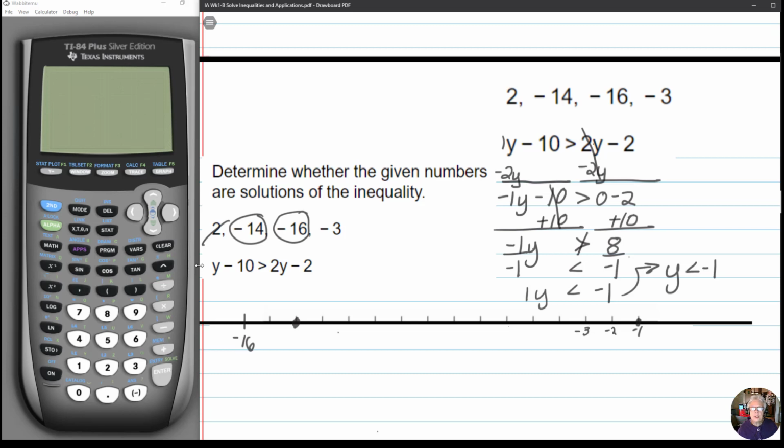Negative 3 is to the left of negative 1, so negative 3 will work. Only positive 2 will not work. So these three numbers satisfy our inequality. This is a much faster way to do it. Solve the inequality first.